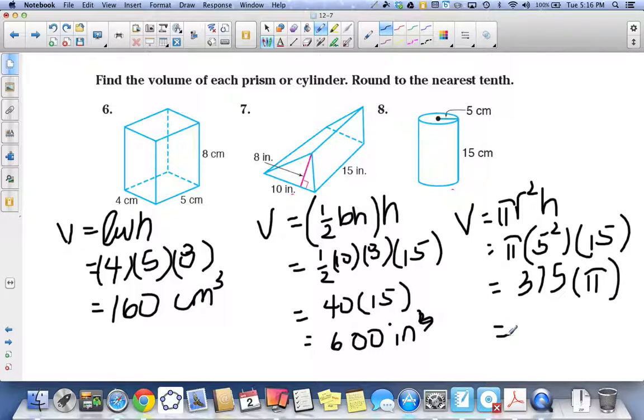Simplifying it further, 375 pi is equal to 1,178.1 cubic centimeters, rounded to the nearest tenth.